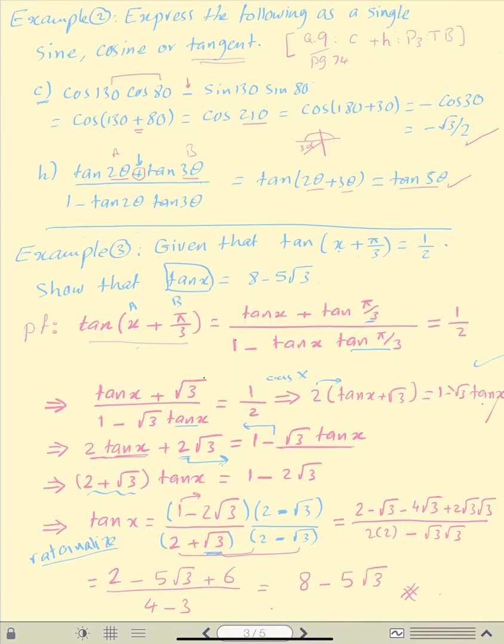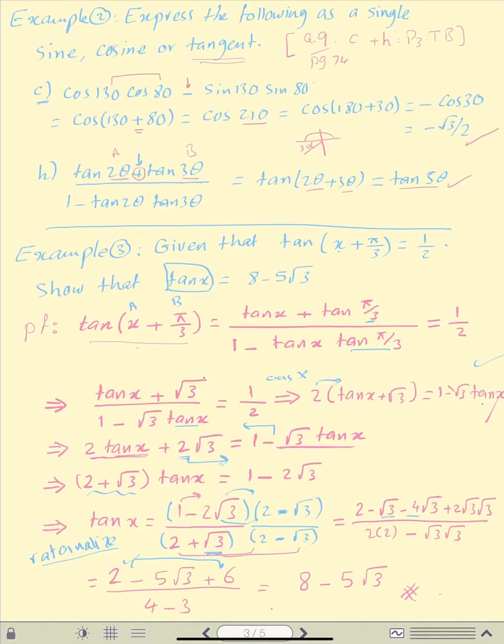By expanding, you will get 2 minus radical 3 minus 4 radical 3 plus 6, which is 8 minus 5 radical 3.